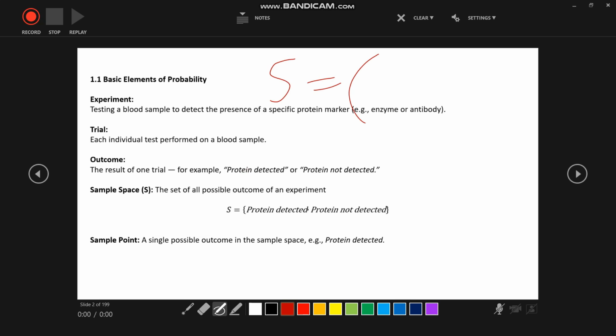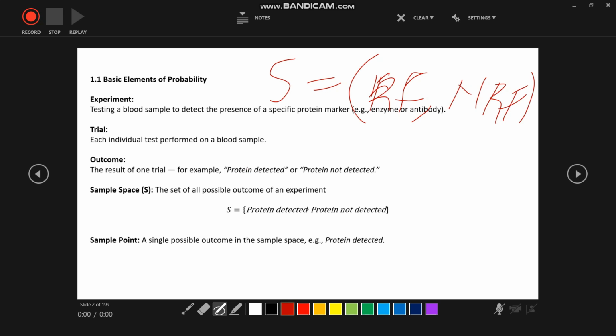For the experiment of whether rain will fall in Malete, the outcome is rainfall or no rainfall. So to represent that as sample space, it will be rainfall, comma, no rainfall. So this is how you write sample space.